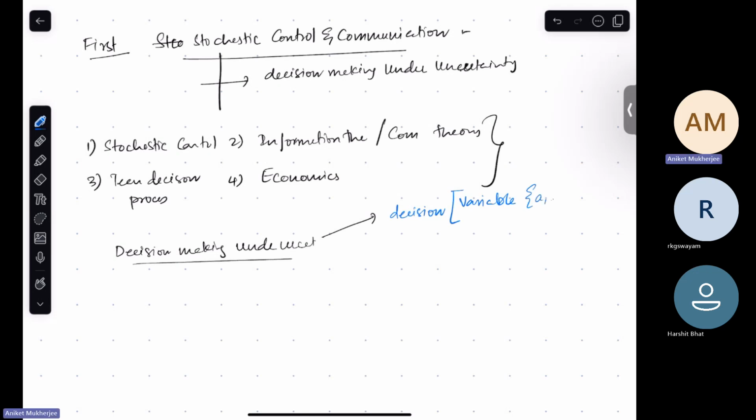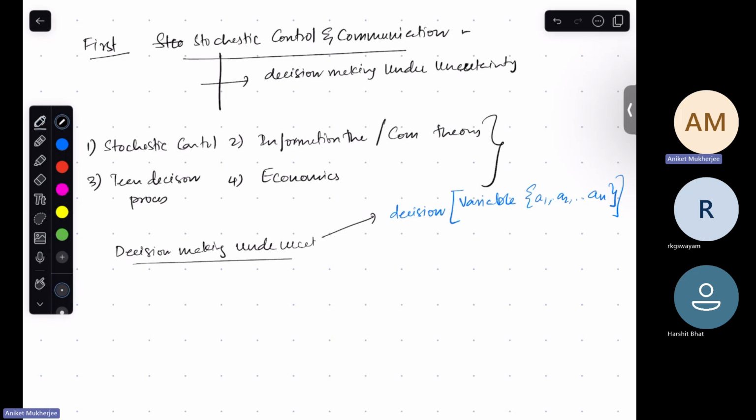I'll name them A1, A2, up to AN. You choose out of those. I've denoted it with A because it is an action. You take an action at each decision step: I want to do A1, or A2, or A3.